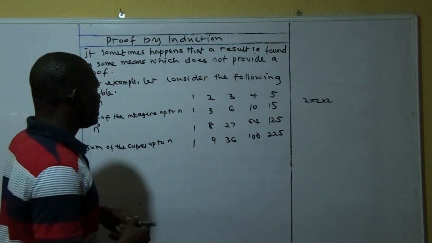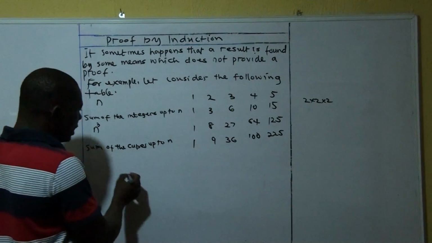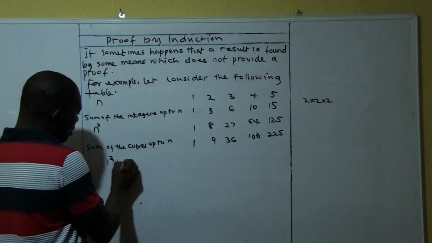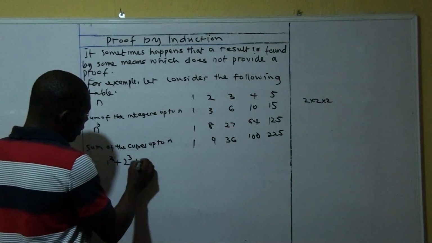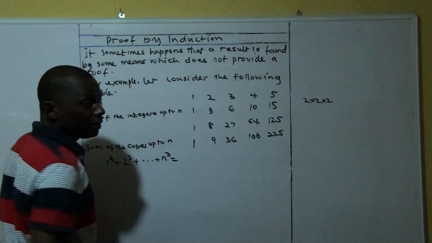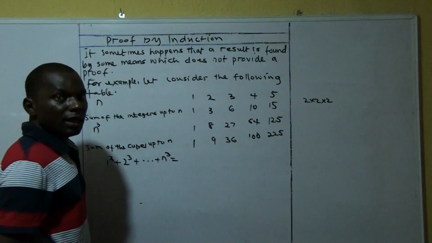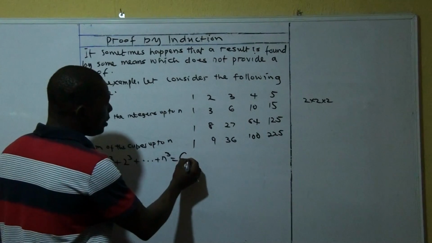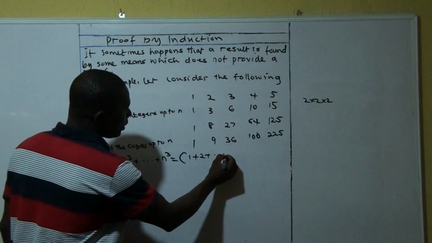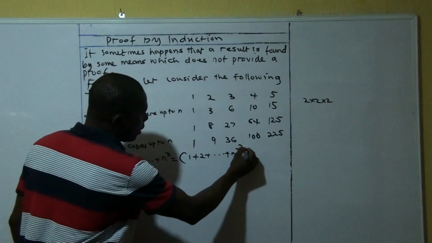What we are trying to say here is that 1 raised to power 3 plus 2 raised to power 3 plus up to n raised to power 3 is the same thing as 1 plus 2 plus up to n, all squared.